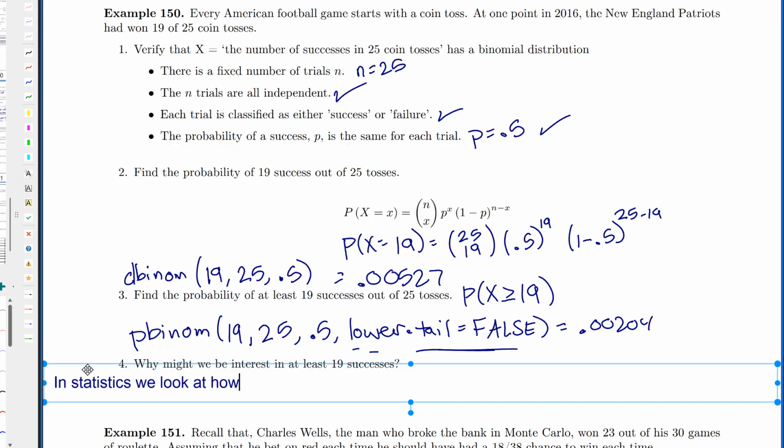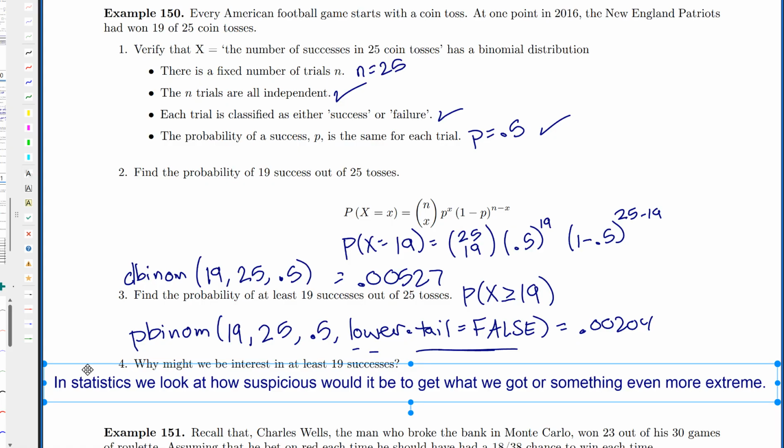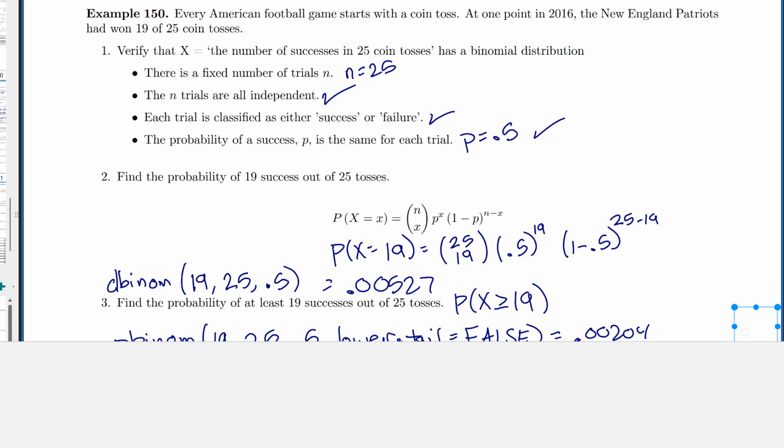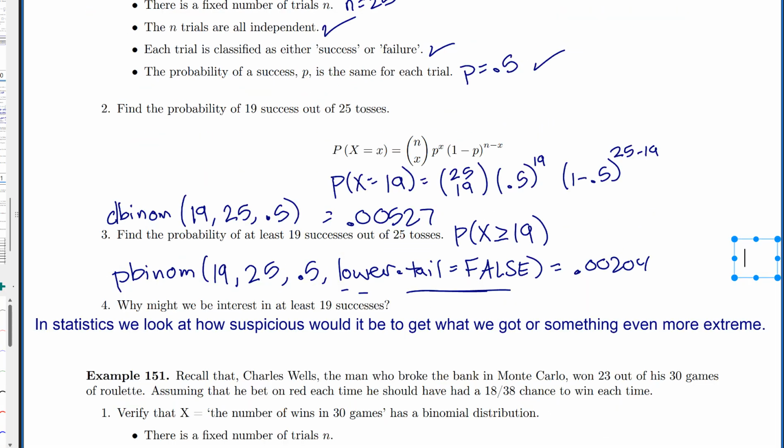So in our case, we got 19 out of 25 successes, but it'd be even more suspicious if we got 20 successes. If we got 20 successes or 21 successes or 22 successes, each of those would be even more suspicious. So we look at how suspicious it is to get what we got or something even more extreme.